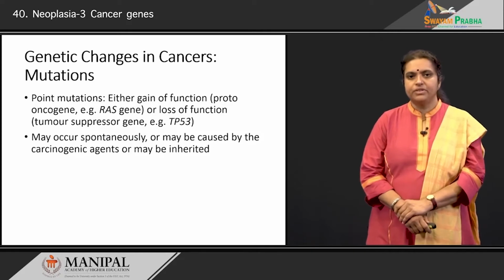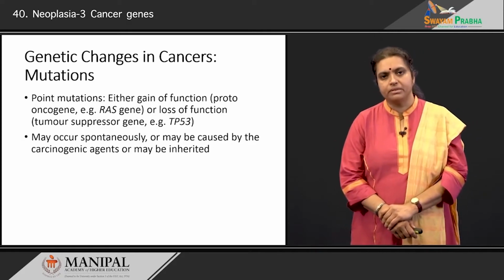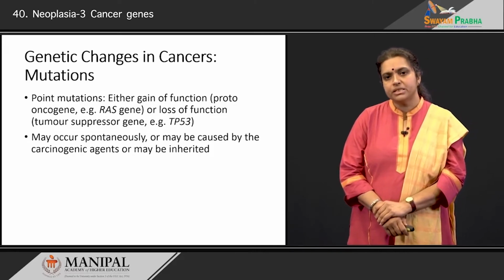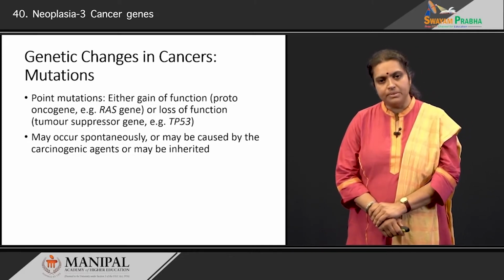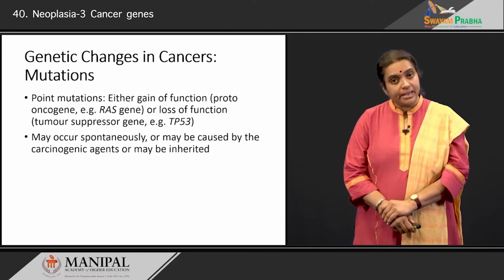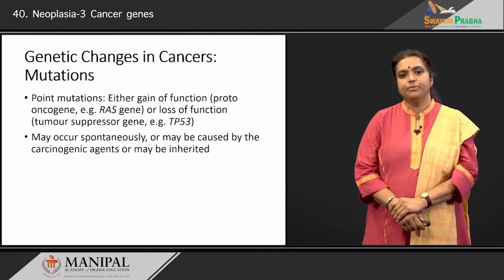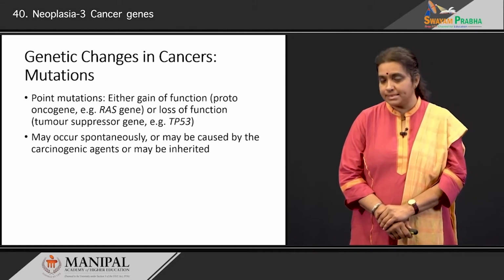First, mutations. We already discussed what driver and passenger mutations are, but what exactly happens in mutations, I will give you some examples. There is either gain of function, which is the more common event. For instance, there could be a proto-oncogene such as the RAS gene.